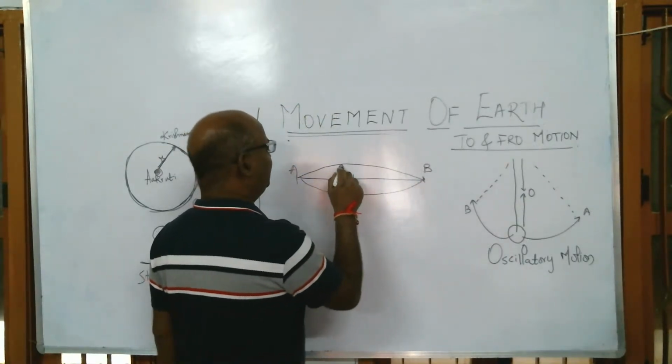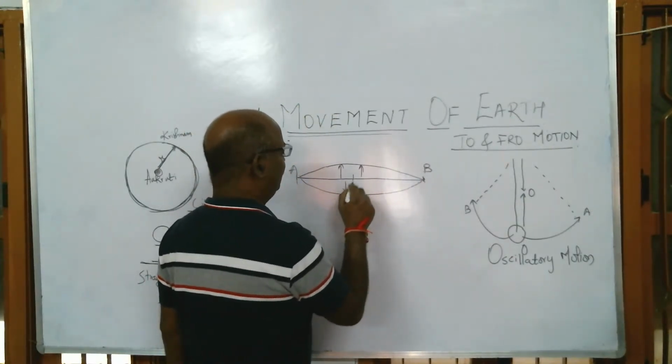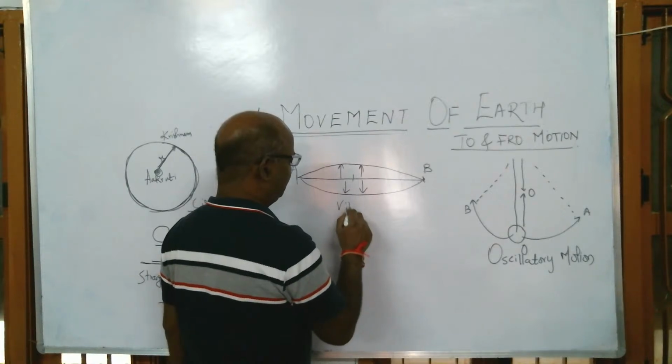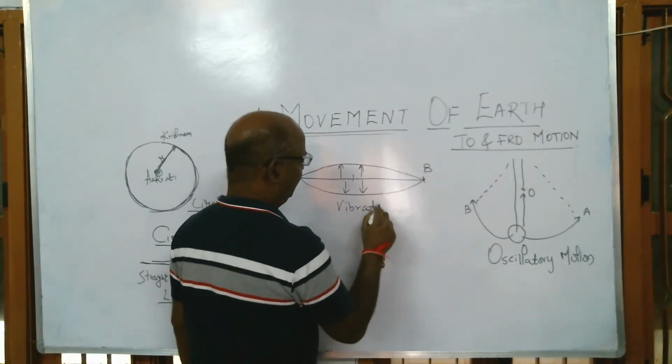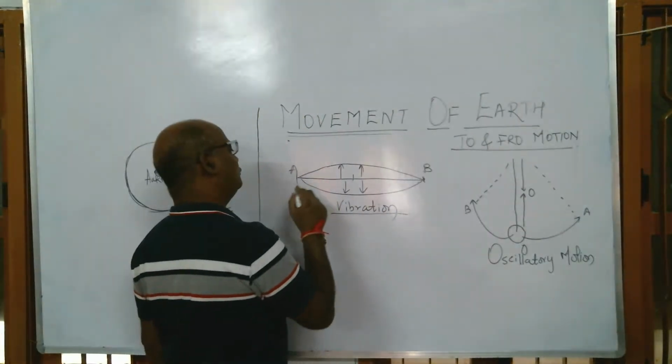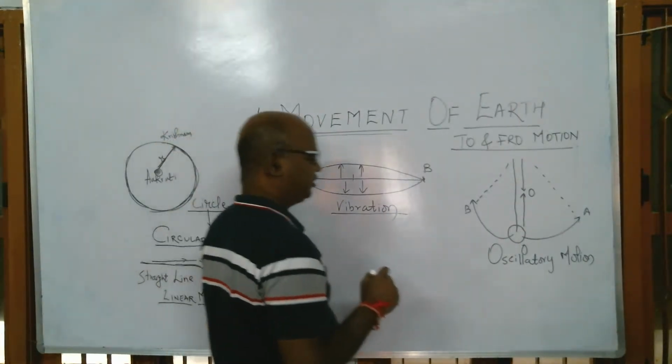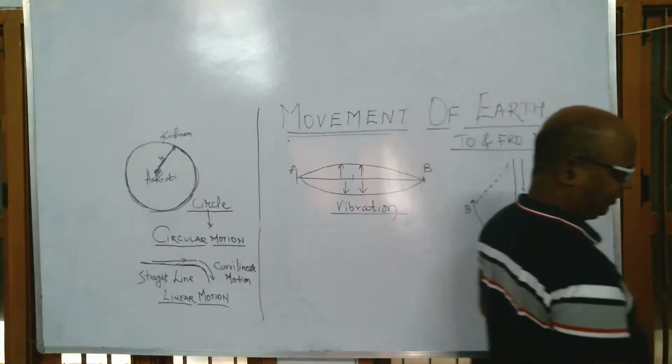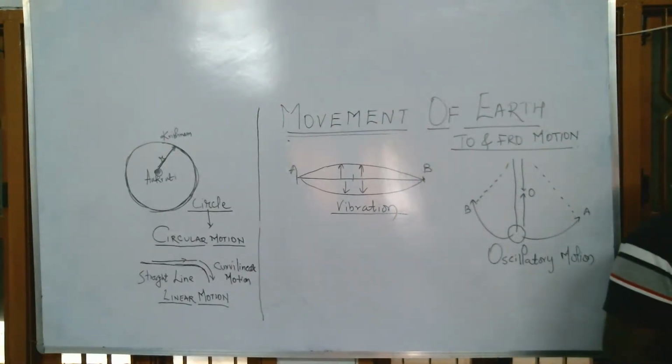That is called vibration. Very fast to and fro motion is known as vibration. Slow is oscillation.